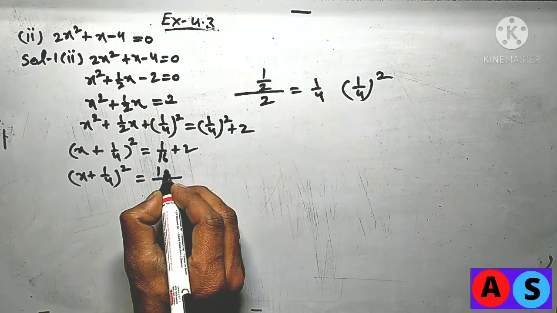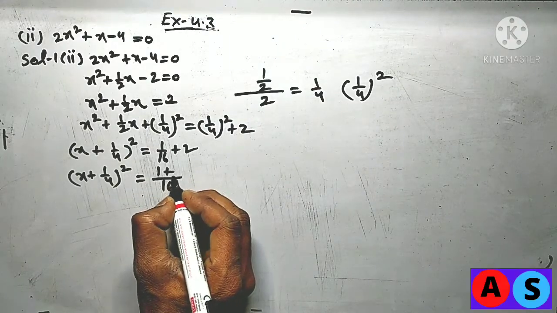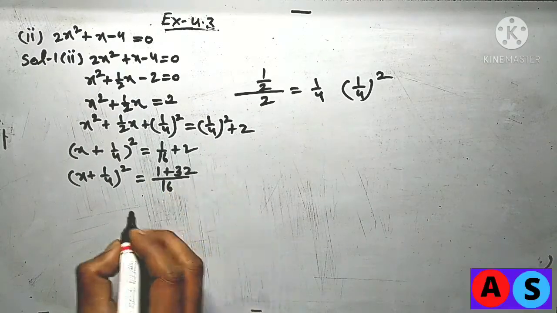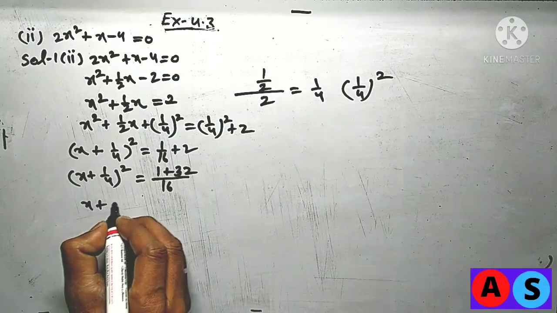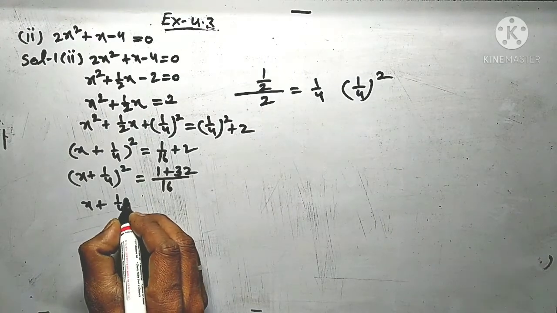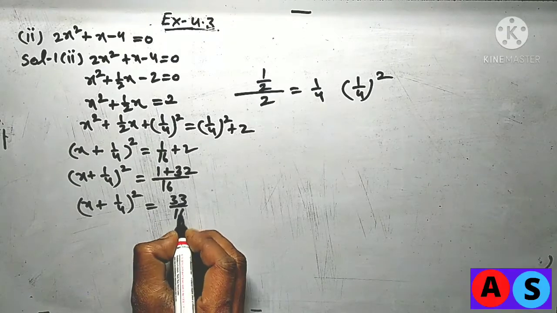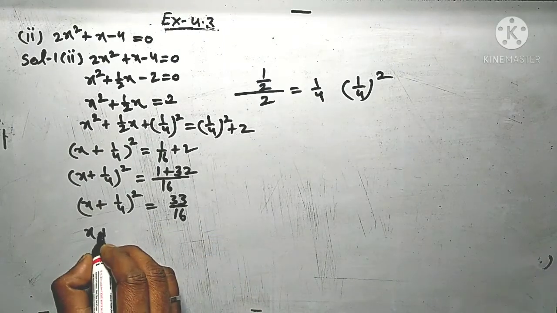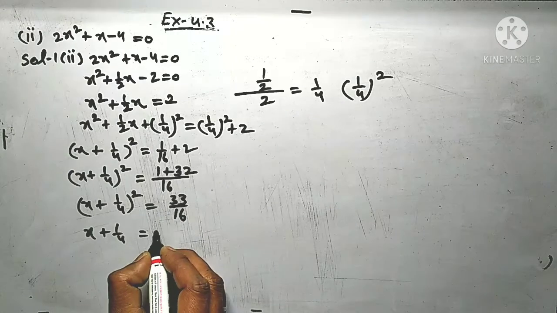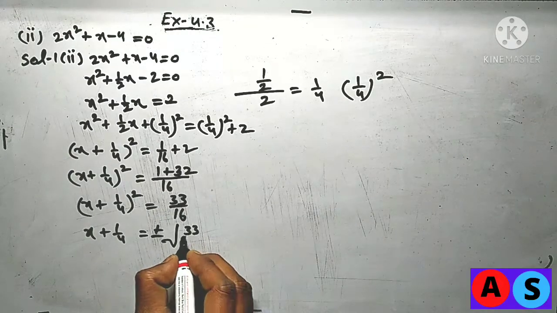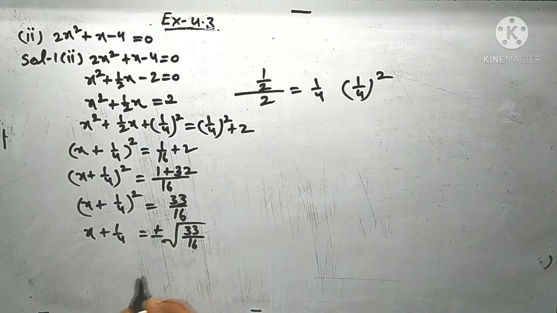So 1 plus 32, (x plus 1 over 4) whole square is equal to 33 over 16. x plus 1 over 4 is equal to plus minus under root 33 over 16.